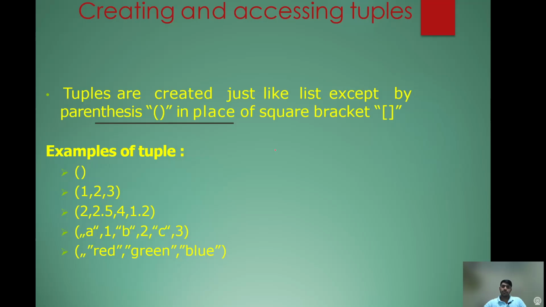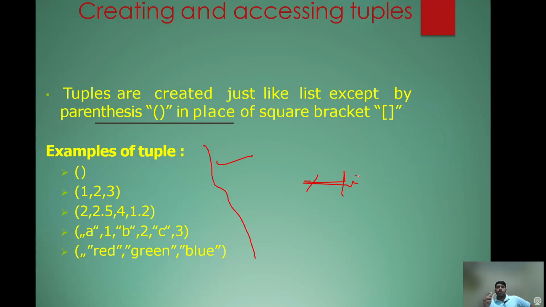You can see here, this is the way how we can create the tuple. This is the example they have given, and the tuples are created just like lists, except with parentheses in place of square brackets.